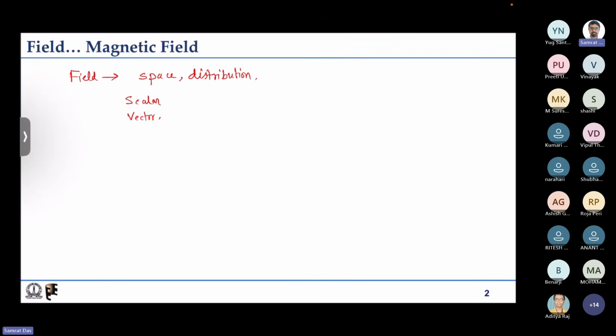So an example is the temperature field. Temperature field is an example of scalar field. Suppose there is some hot body. All around the space, this is a 2D space that I am talking about, in the x and y direction, the temperature will be different.